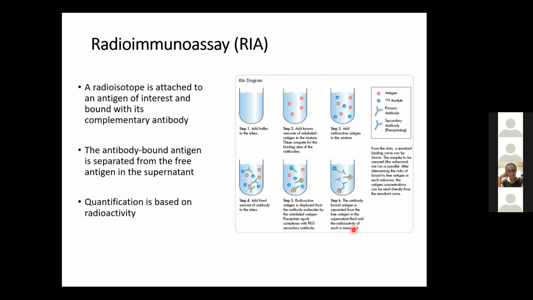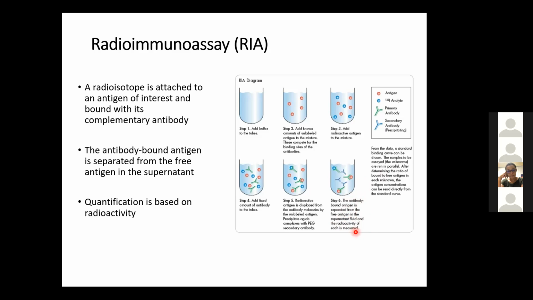I just didn't provide the protocol for this, but there are wash steps. What you're doing is using the supernatant. If you look at step 6, we're looking for antibody which is separated from the free antigen. It's found in the supernatant fluid, and that is where the radioactivity is found.